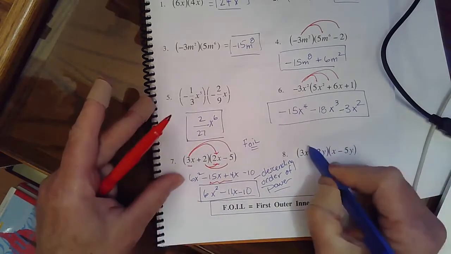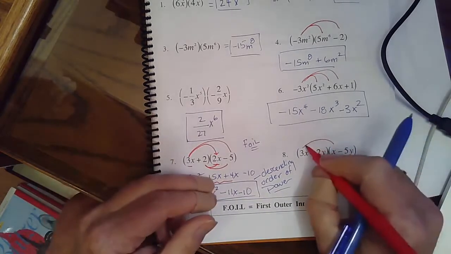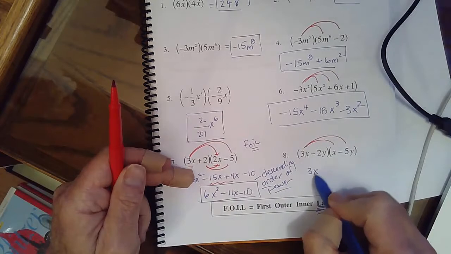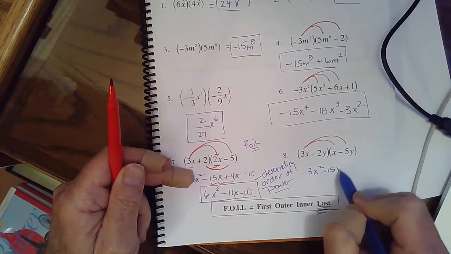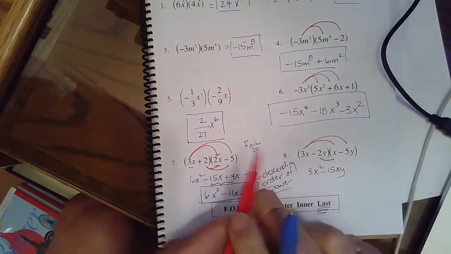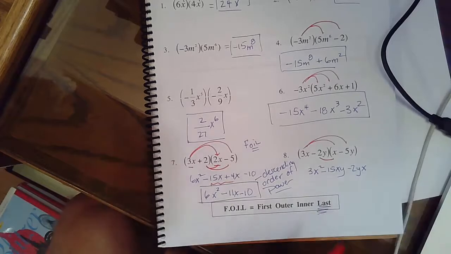Okay, again, FOIL: first, outer, that's 3x squared minus 15xy, inner, subtract 2yx, and then last.